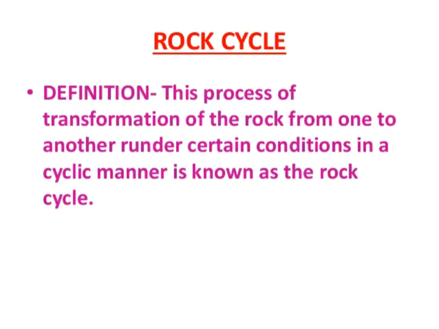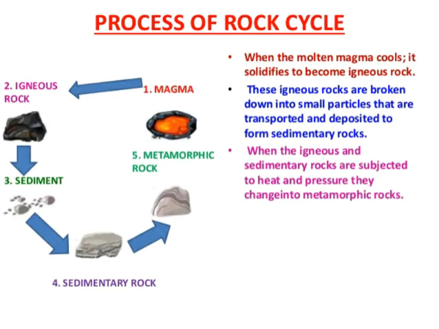The next one is the rock cycle. The rock cycle is the process by which rock is transformed. Basically rock is divided into three categories: igneous, sedimentary and metamorphic. The transfer of rock from one condition to another is called the rock cycle.